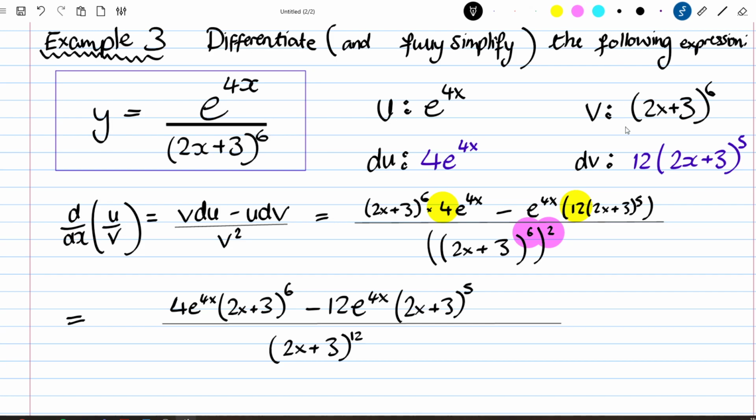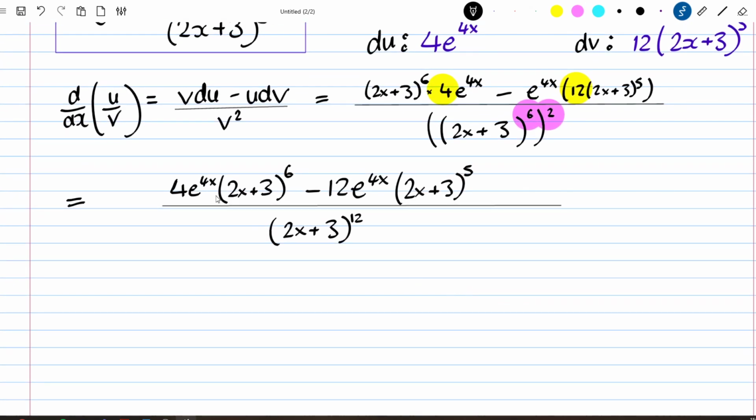What I can also do is factorize the top of the fraction here. So there'll be some common factors. What you might also notice is there's a 2x plus 3 in every single term with various powers. So I'll be able to divide by a common factor there too. First of all, let's get rid of e to the 4x. Let's take that out as a common factor.